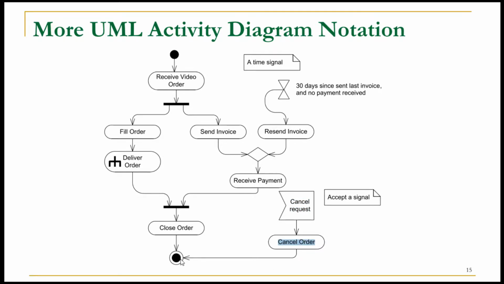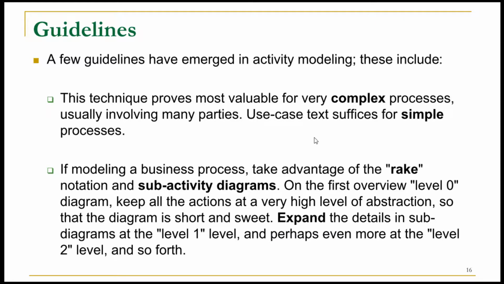While activity diagrams are very powerful and have a rich notation, it is important that we use them for very complex processes. If we have some simple processes, we can use simple use case texts, write the scenarios, and they would be enough. And for the very large and huge processes, we should take advantage of the rake symbol, and instead of putting everything into a single activity diagram, we should go for the sub-activity diagrams.